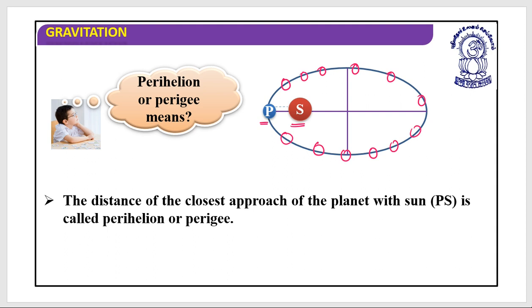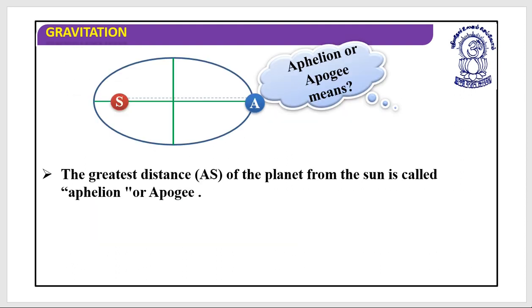There is a certain distance which is nearest to the sun, and that we call perihelion or perigee. It is the distance of the closest approach of the planet to the sun, the minimum possible distance.